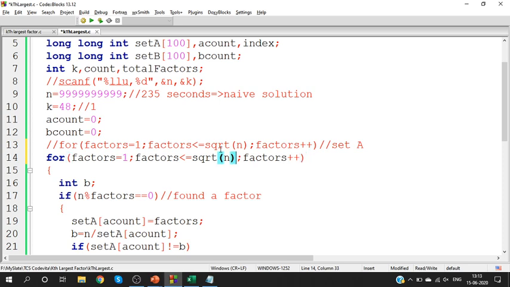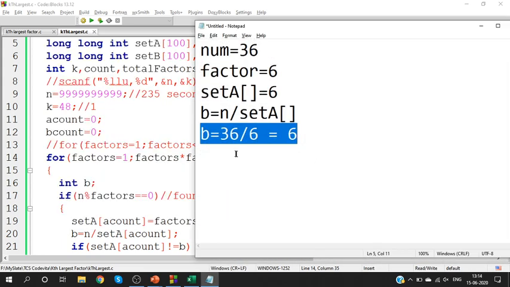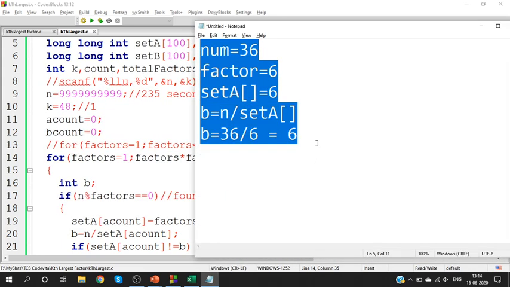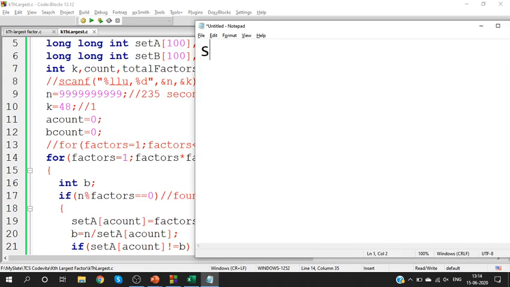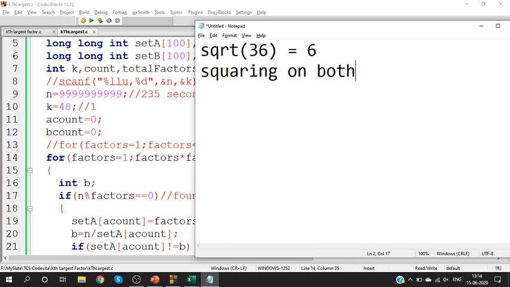Instead of using sqrt, I'll write it as factors into factors less than or equal to n. How did I write it? For those who don't know, I'll explain it. See, generally, the square root of 36 is equal to 6. Yes. To remove the square root, what will you do? Squaring on both sides.